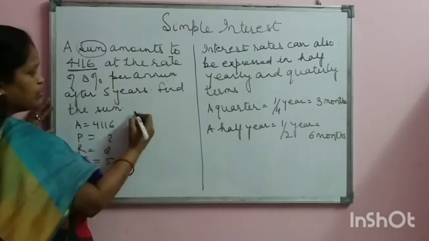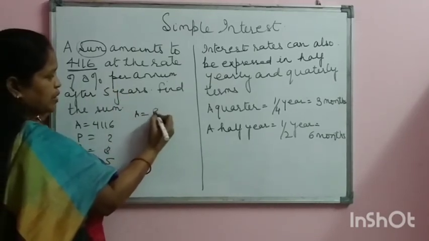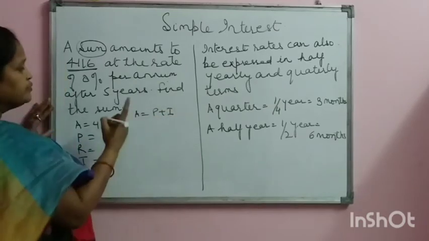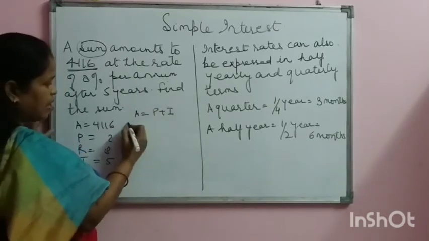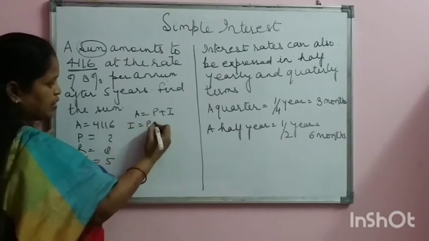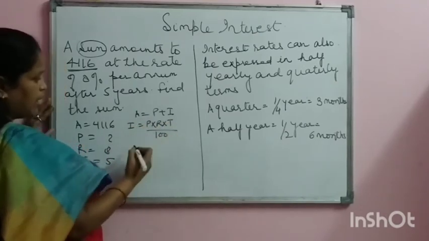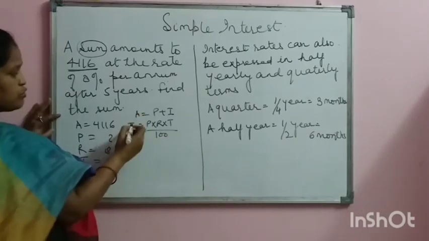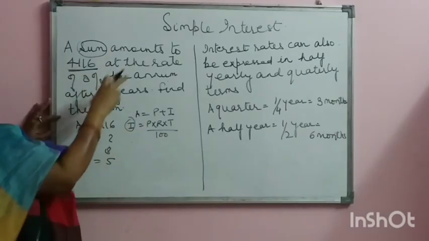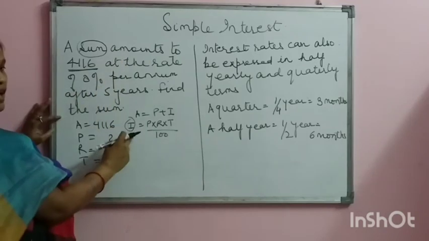So as you all know, A is equal to P plus I, right? Now what is I? I is P into R into T upon 100, and I is, you also don't know I, right? Nowhere in the question I is mentioned.